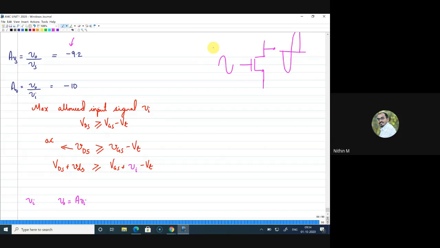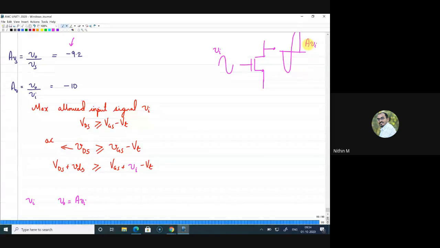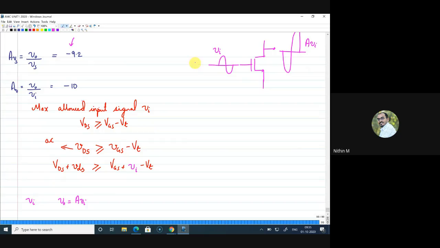Now that means when this is Vi, what I'm getting at the output is A times Vi, but since A is actually negative, you have to consider that negative either by putting an explicit negative sign, or by considering the negative sign of the gain itself, right? So what I'm writing here is, at the input you have a DC level, that DC level is VGS. At the output you also have a DC level, that DC level is capital VDS.